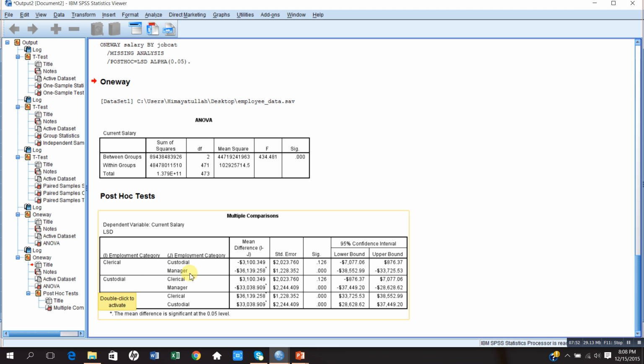Out of the three comparisons, for clerical and custodial there is no significant difference between their current salaries. But for clerical and manager, there is a significant difference in the mean based on this p value. And for custodial versus manager, there is also a significant difference between the current salaries.